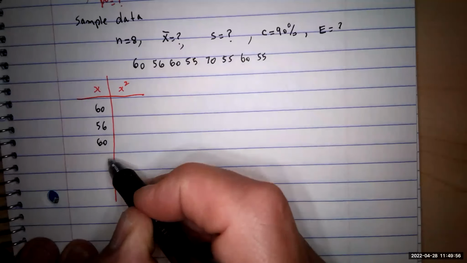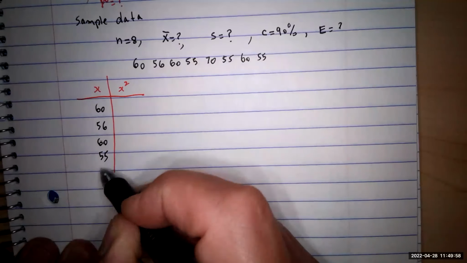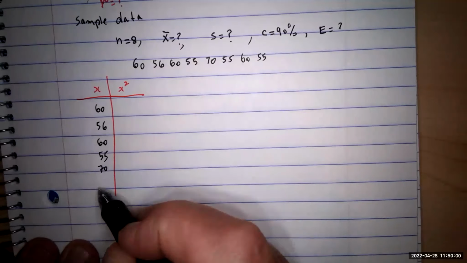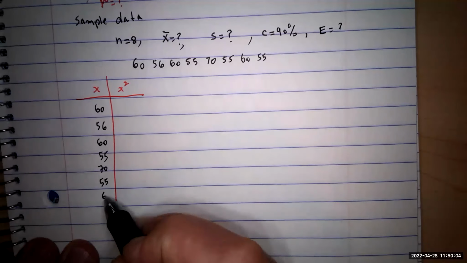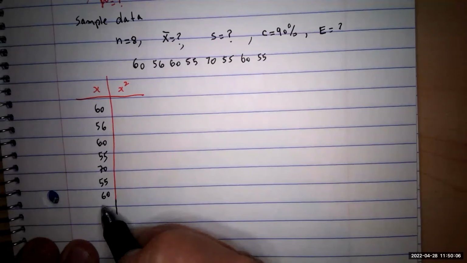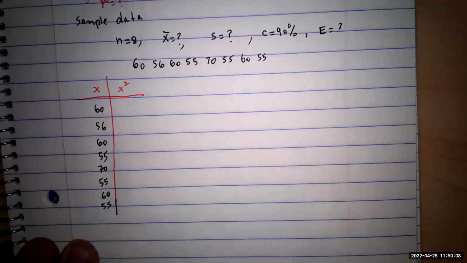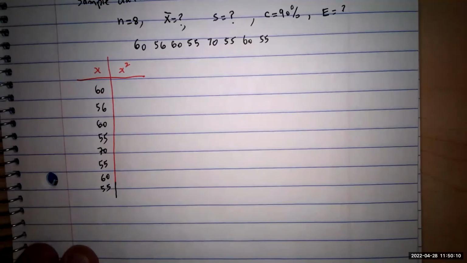The mean is easy to find with or without calculator, but the sample standard deviation takes time. That is going to be the case. Okay, then you have to square it to get those numbers.